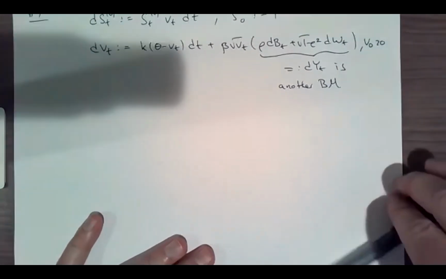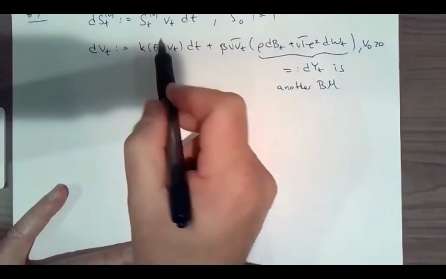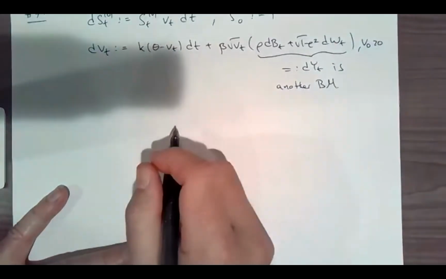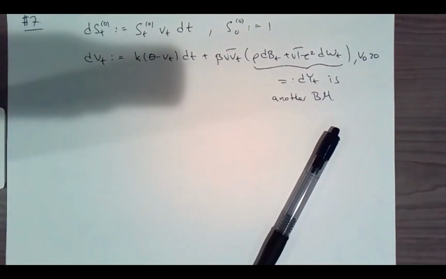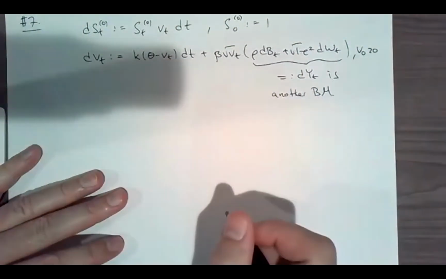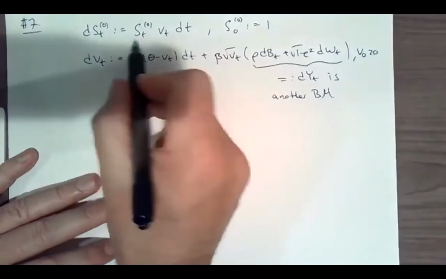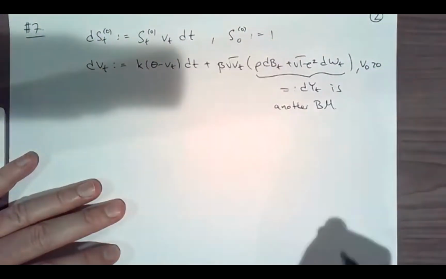Okay, so this is the bank, and this is the interest rate. V is this stochastic process here. So there's a model that has stochastic interest rates. The first question is, try to solve for S0. So S0 here, this is an ODE because there's no Brownian motion over here. This is just an ODE.